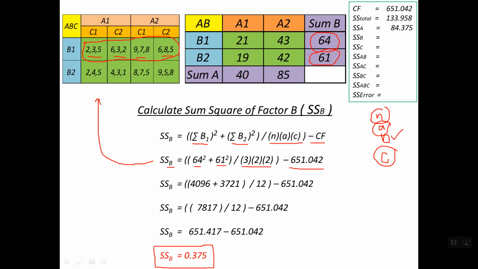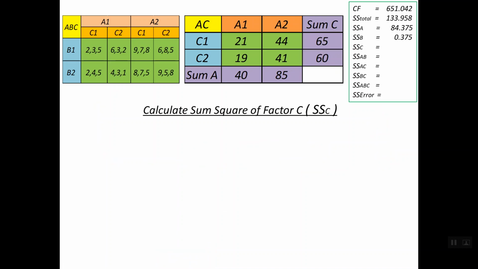Notice that the value of SSB is a little bit small, so the chance to reject the null hypothesis is very little. For the SS for the third factor, which is factor C, the same way, we have two levels, C1 and C2. So we square both C1 and C2, make the summation, and divide by the number of observations inside C1 or inside C2.